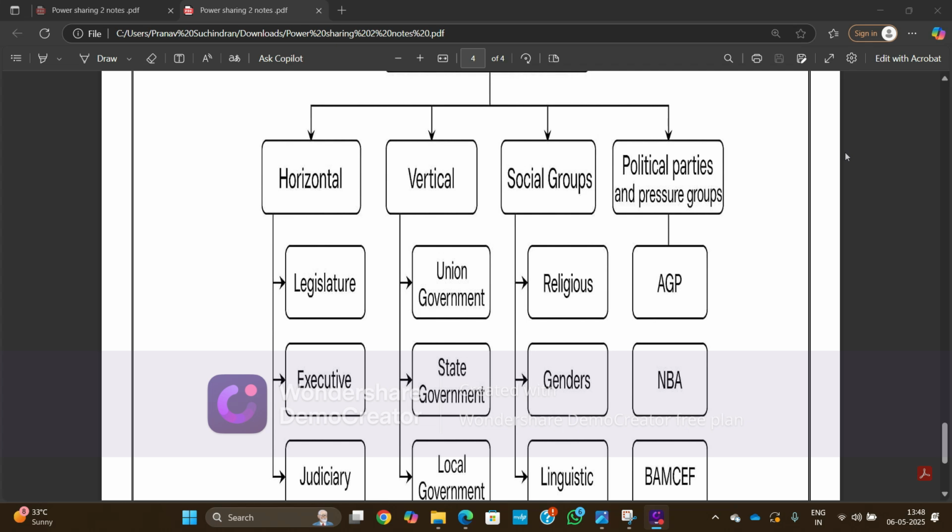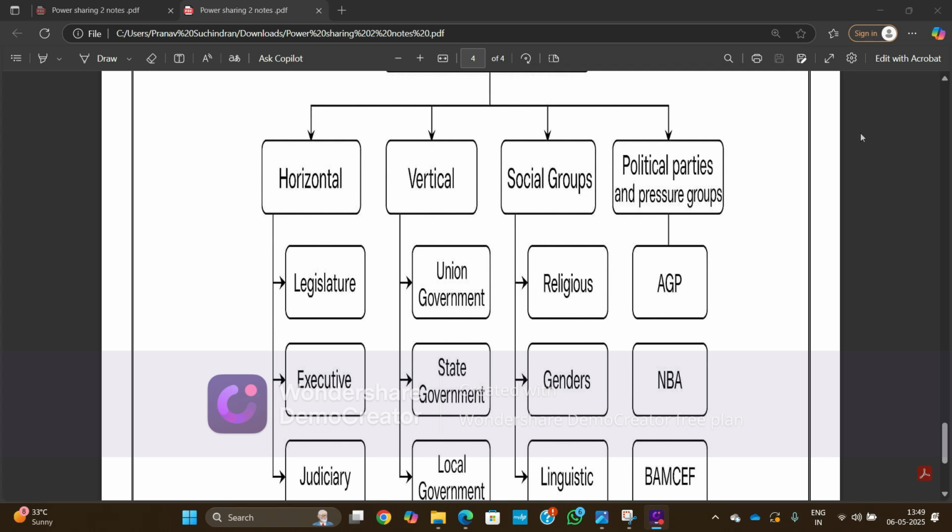Like the NDA alliance is ruling, where the BJP, as they couldn't get a clear majority, formed the government with the help of the other parties in their alliance, like the Telugu Desam party, and their seat number crossed the 50% majority, and thereby they formed the government.